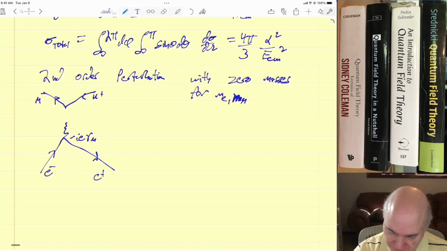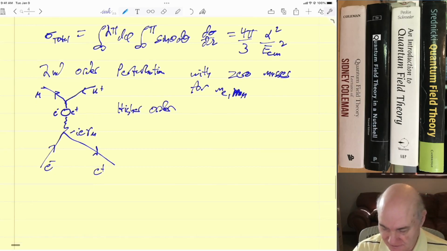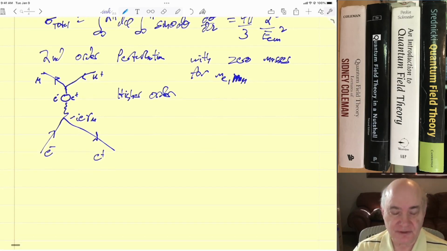But what happens if we do something like this? Then we put a virtual electron e minus, e plus pair over here. This is going to be fourth order now. Actually, I'm not sure of the exact order. Let's just say it's going to be higher order. And the idea is that it will actually diverge, except we'll renormalize and make it finite.